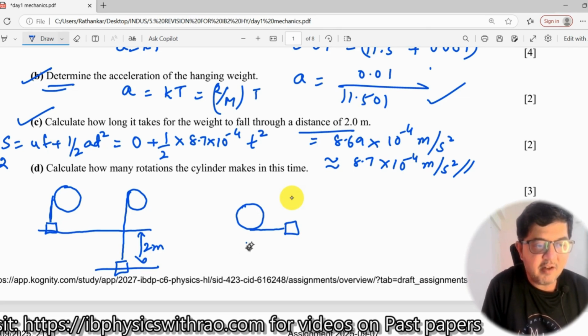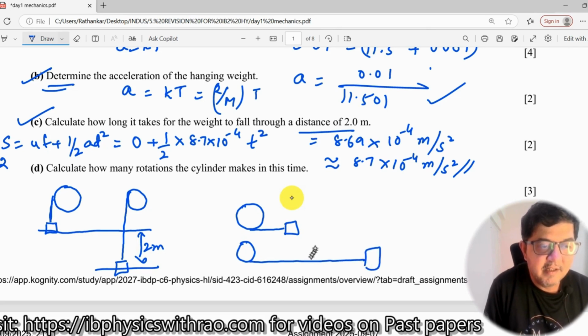Okay. Then later on, when this was pulled, what would have happened? So this would have gone until here, right? So which is equivalent to, let us consider this particular point. If I take this pulley and put it over to this point here, then if I roll this one like this, if I keep on rolling like this, from here to here, it has completely gone through one revolution.